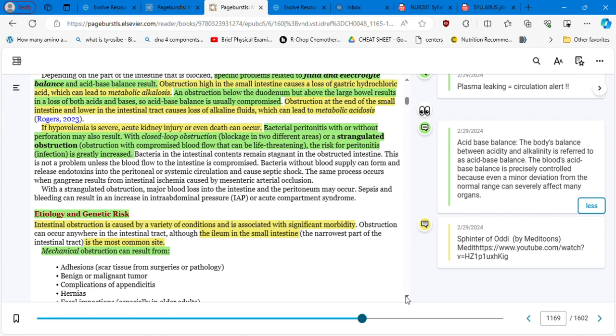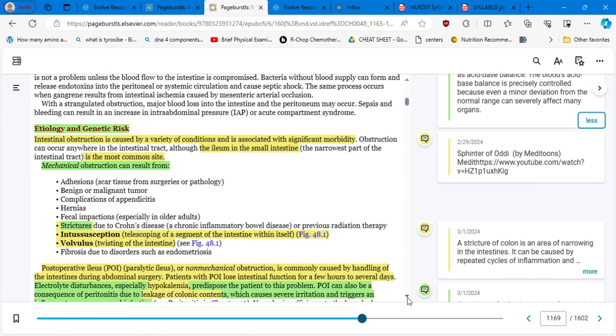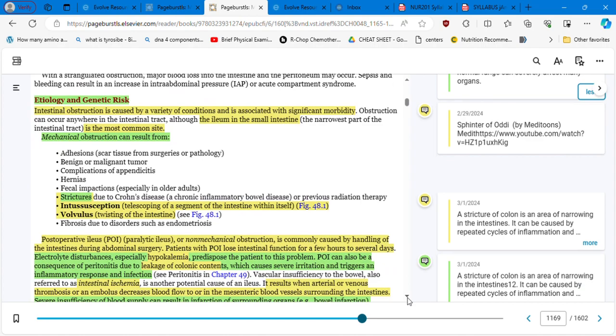Now, etiology, let's move. Intestinal obstruction is caused by a variety of conditions and is associated with significant morbidity. So we have the ileum in the small intestine is the most common site. Okay, mechanical obstruction can result from, and we remember mechanical obstruction, we are talking about physical mass, right? Something that you can see physically, an adhesion, a mass, okay?